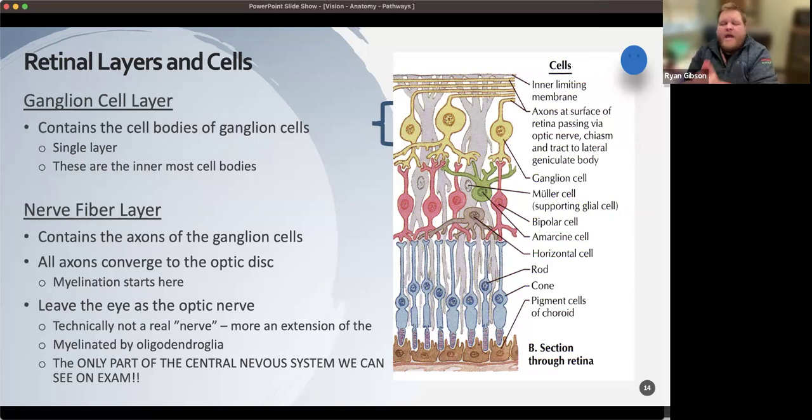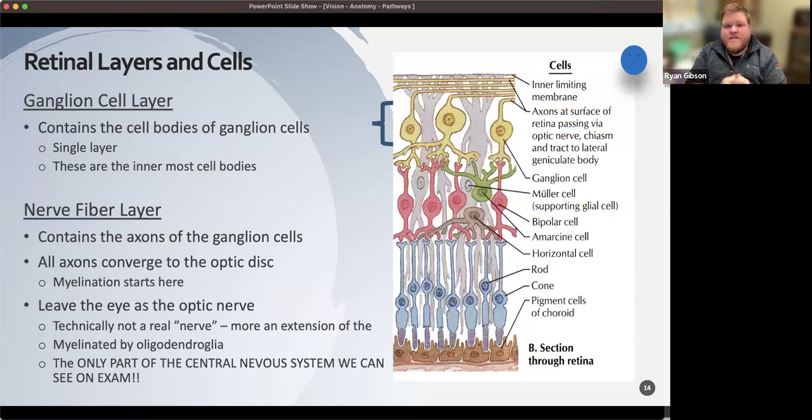This is in comparison to the nerve. The nerve gets its myelination from what's called a Schwann cell. And so we have the Schwann cell for the peripheral and the oligodendrocyte, which is going to be the central nervous system. And so we can say that, whoa, hey, if it's an oligodendrocyte, that means it's part of the CNS, which means the optic nerve is not a real nerve.